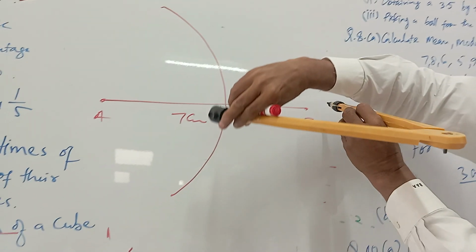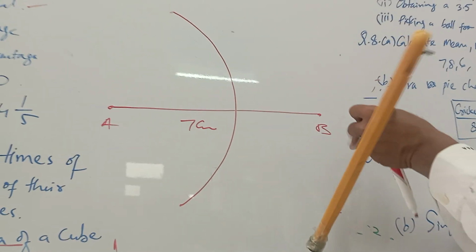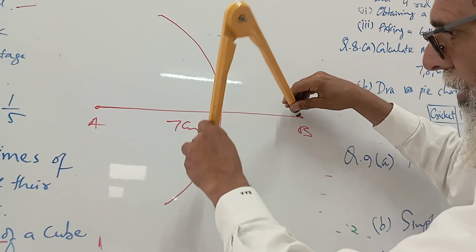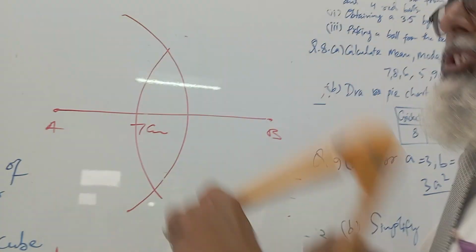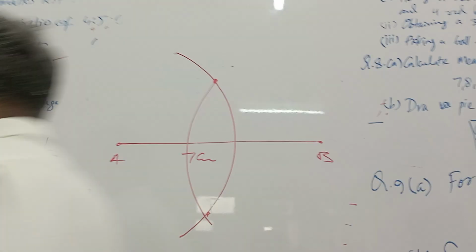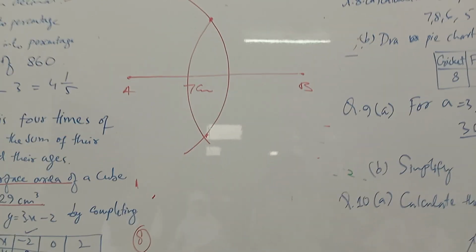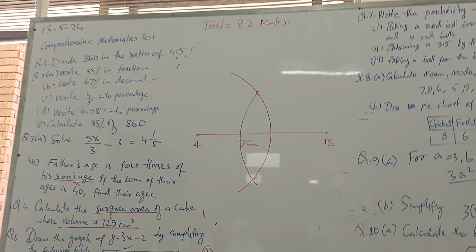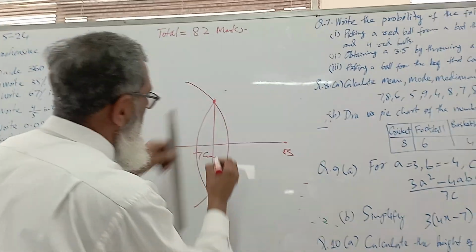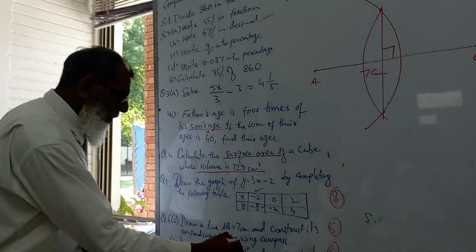Then, keeping the same radius, we put the needle on the other end and draw an arc, cutting the previous arc at some point. So this is point 1, this is point 2. Using the scale, we join them, and this is your perpendicular bisector.